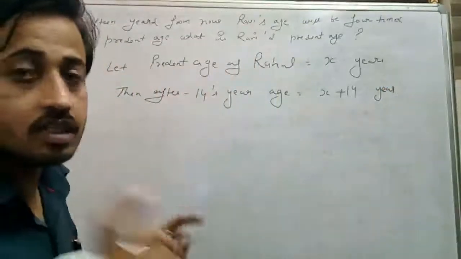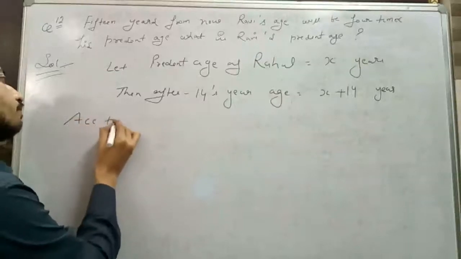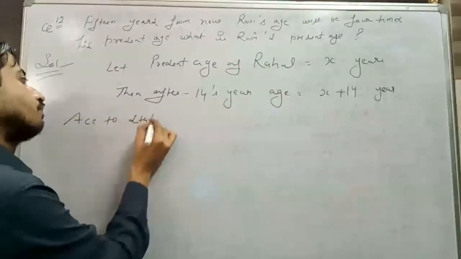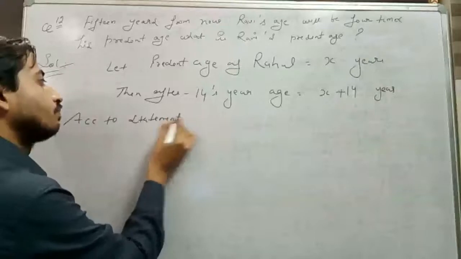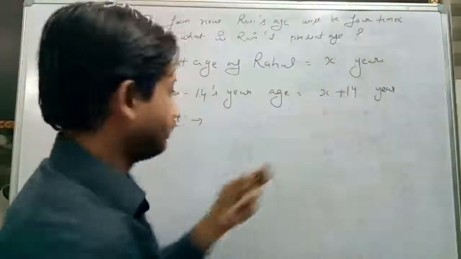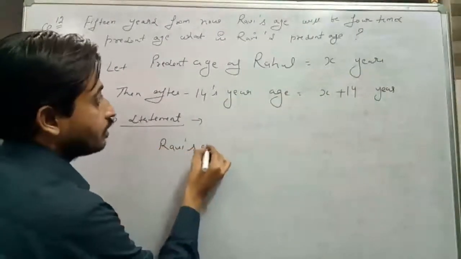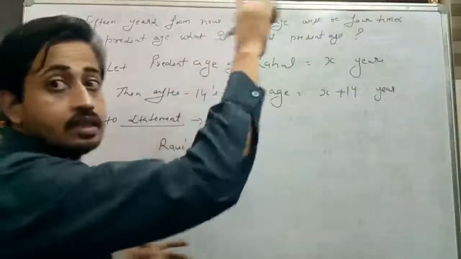Now we have to read the statement. What does it say? According to the statement, Ravi's age, it means we are talking about Ravi's age 14 years from now.